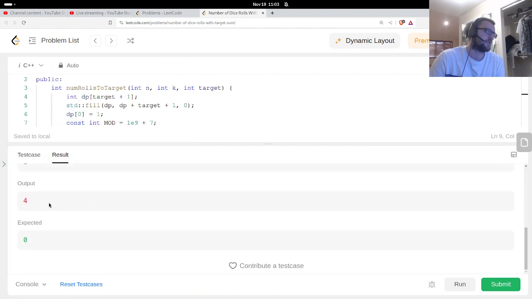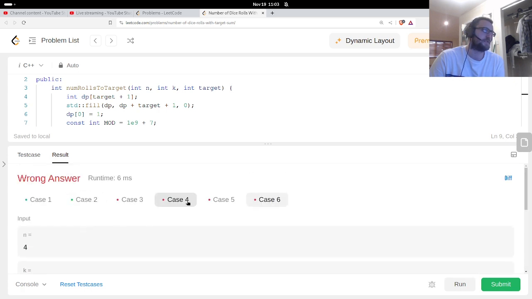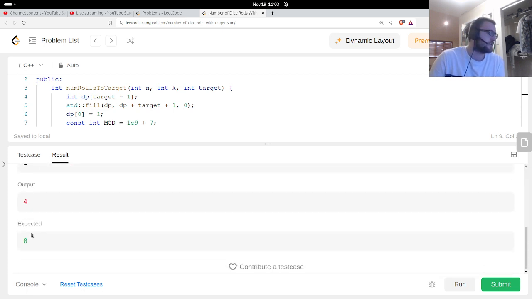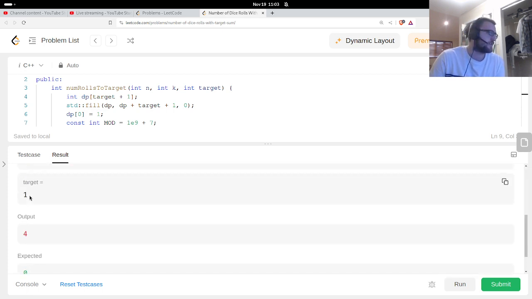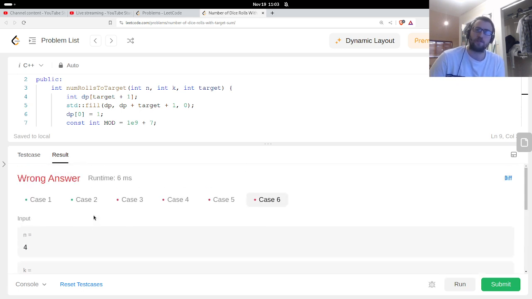Interesting. And because you can't have a 0, you have to add all 4 to get a 1. In order to get a 1, you have to have all 4 dice. You can't have a 1.